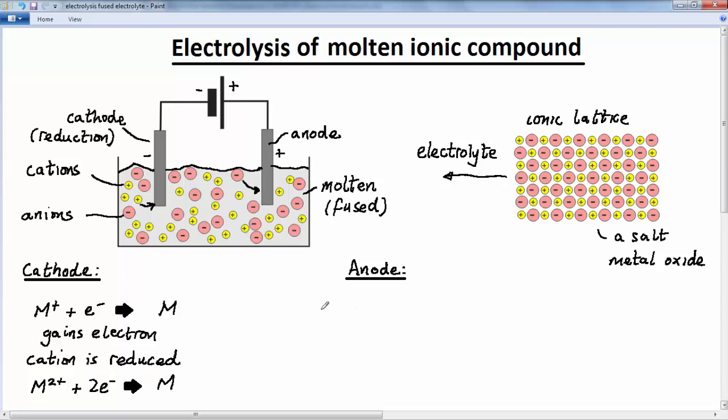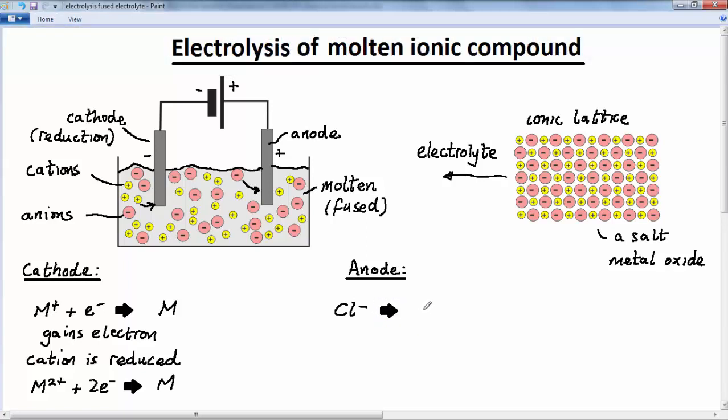Now just for the sake of argument, let's suppose that our anion, in this case chlorine, is Cl minus. Well, at the anode what will happen is it will lose an electron. So we represent that like this.